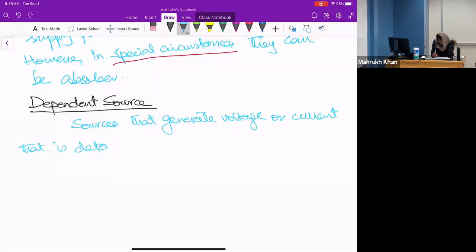They are not supplier themselves. They actually, what we should say, borrow voltage or current from some specific point and then supply to the circuit.